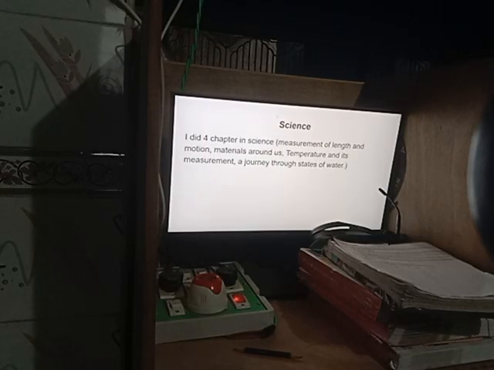An eraser has mass, weight, and it takes some space. That we call matter. Volume means something which takes space, and mass means something which has weight.